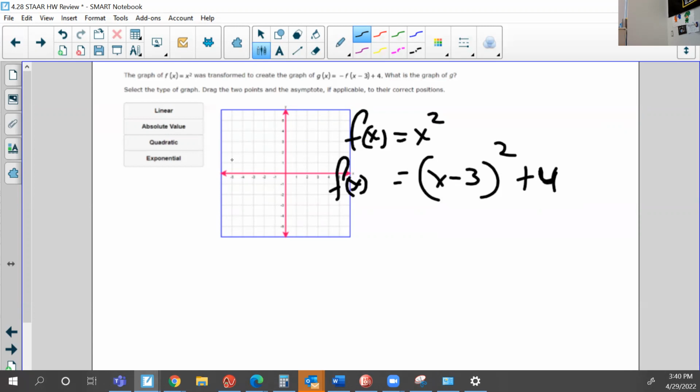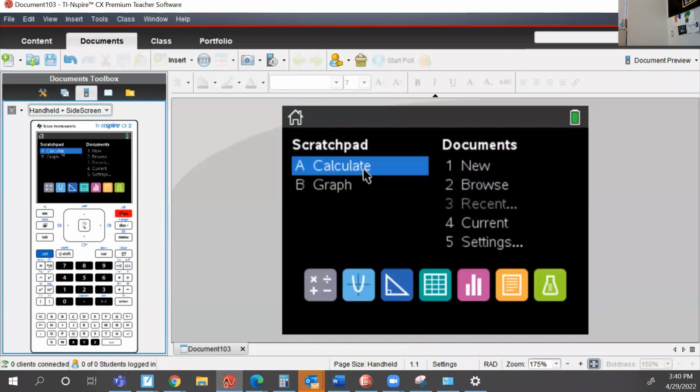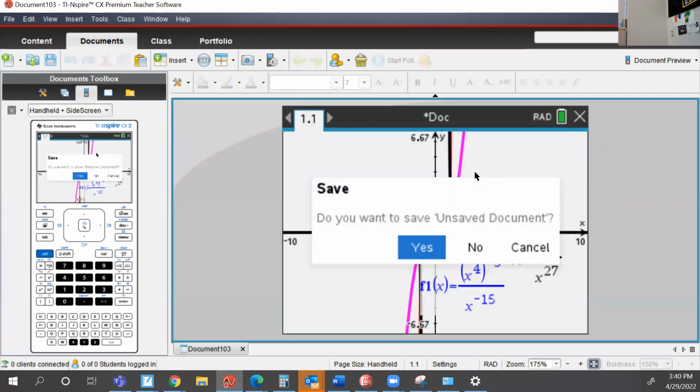You can grab this in your calculator. I'm going to graph this on my TI. Home, new graph.